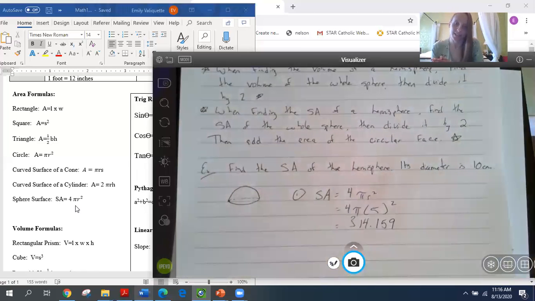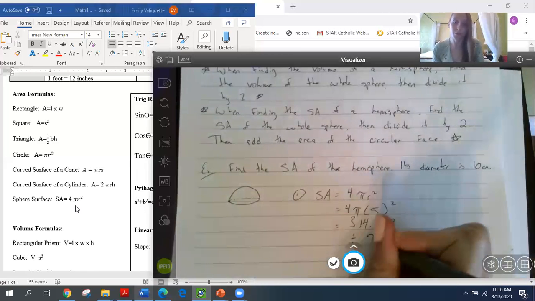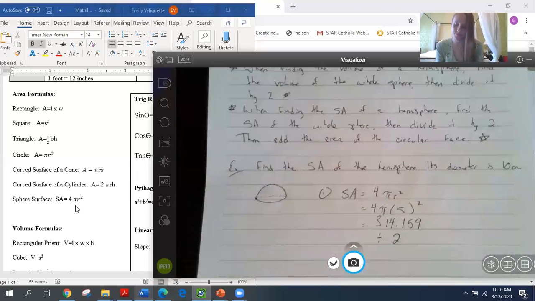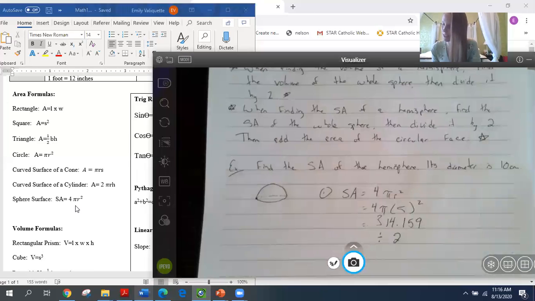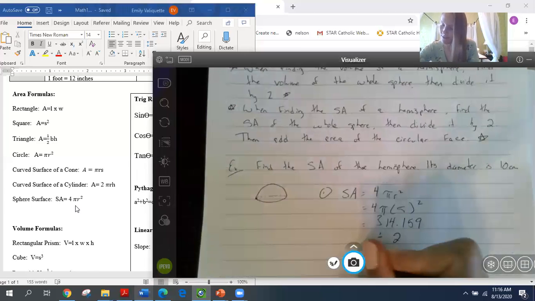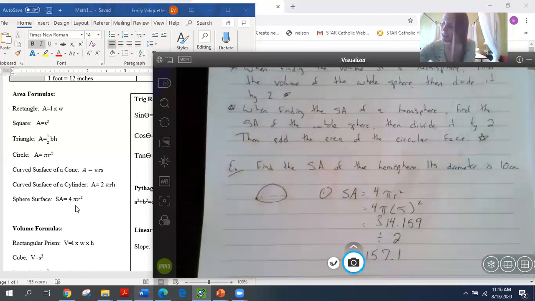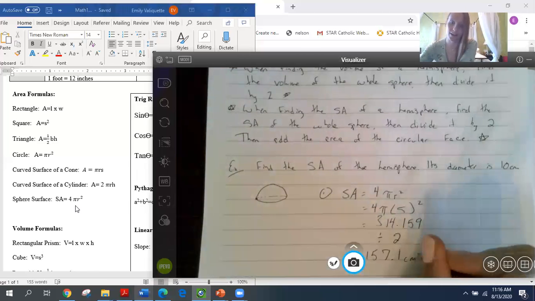Now, of course, because that is the surface area of an entire sphere, I do need to divide that by 2 in order to get the hemisphere portion. So 314.159 divided by 2 is 157.1-ish centimeters squared.